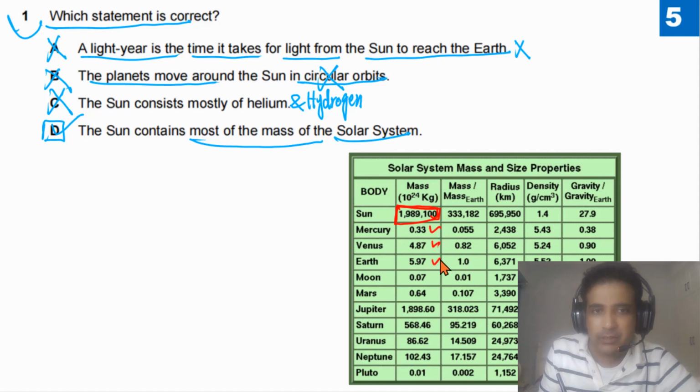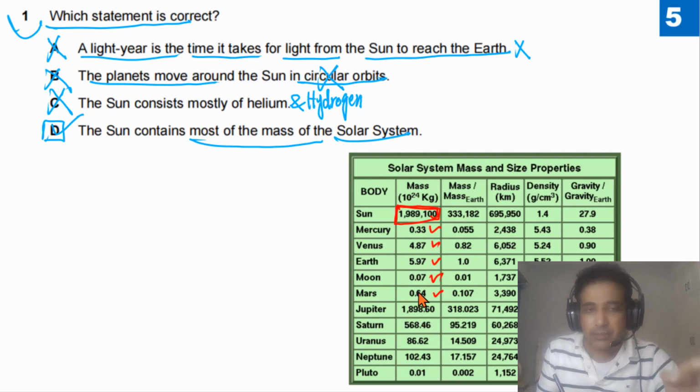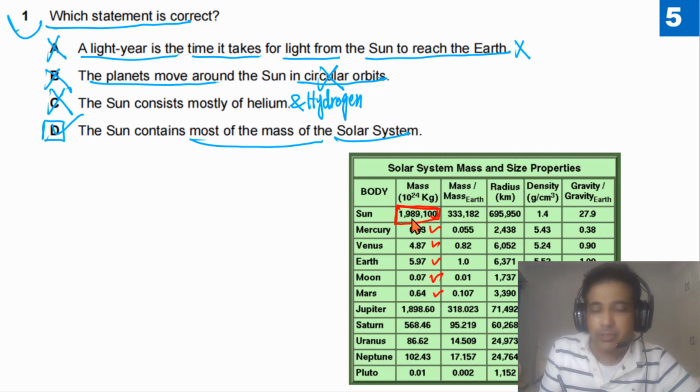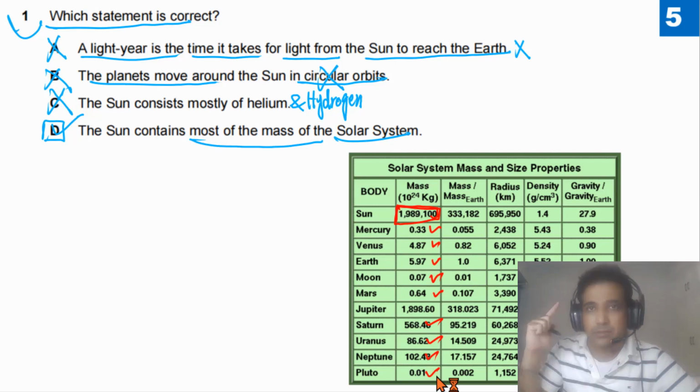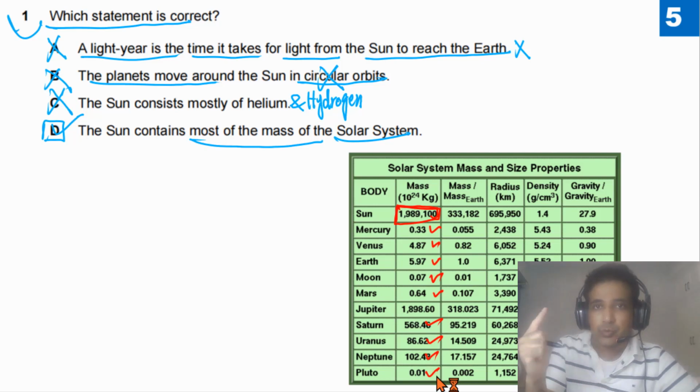Mass of Venus, Earth, Moon, Mars, and Jupiter is a bit larger, but still much smaller than the mass of the sun. And the mass of Saturn, Uranus, Neptune, and Pluto. So you need to understand, the sun contains most of the mass of the solar system. That's the reason planets move around the sun.